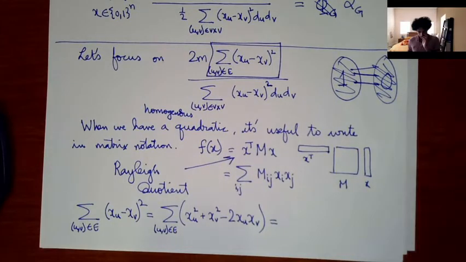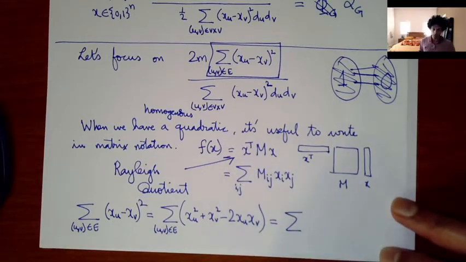Okay, so fix a vertex u. How many times does x_u squared appear in this form? Degree of u times.